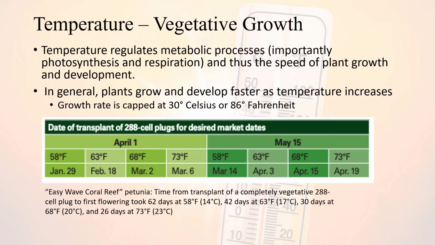So if they were trying for an April 1st harvest, we'll say, and they were growing their plants at 50 degrees Fahrenheit, they needed to start their plants and seed their plants by January 29th. And you can compare that to if they grew them at 73 degrees Fahrenheit, they could wait all the way to March 6th to start their plants, right? The speed it takes for them to grow and develop is much faster as you increase this temperature range, right? It took about 62 days growing at 58 degrees Fahrenheit, but only 26 days growing at 73 degrees Fahrenheit, right?